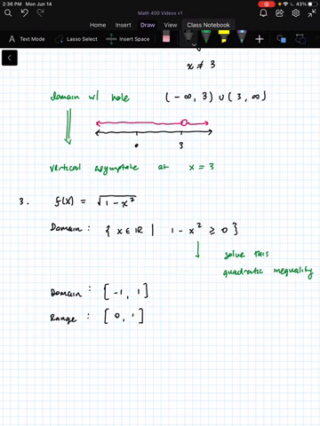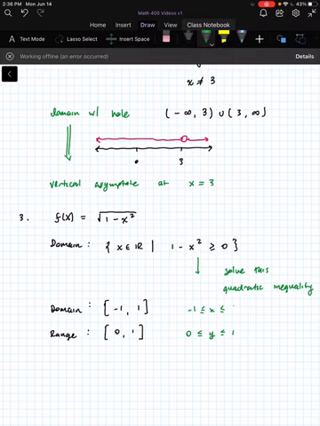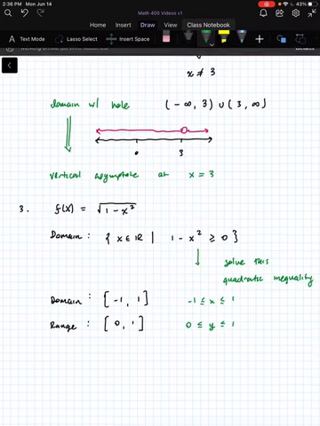And what we're saying then is all the y values range between 0 and 1, and all the x values range between -1 and 1.